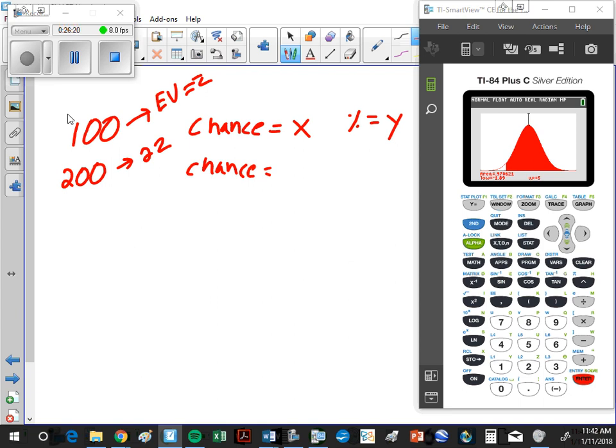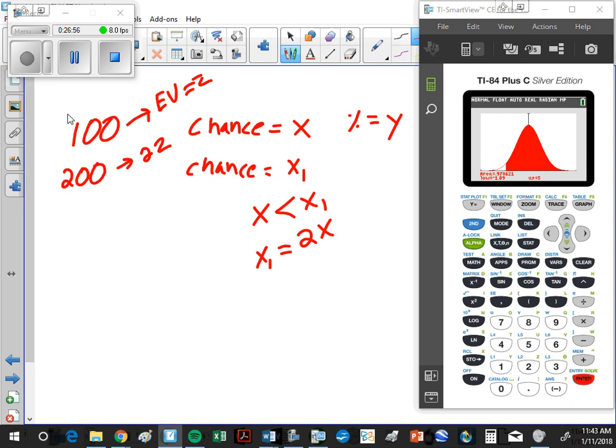Now, this would be like x1. We know that x is smaller than x1, but is x1 equal to 2x? No, it's the square root of 2, right? So if we double this side, then they're equal. So when we double the number of draws, our expected value doubles.